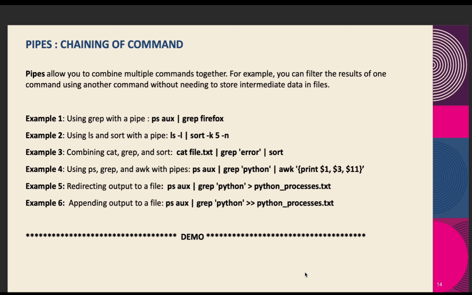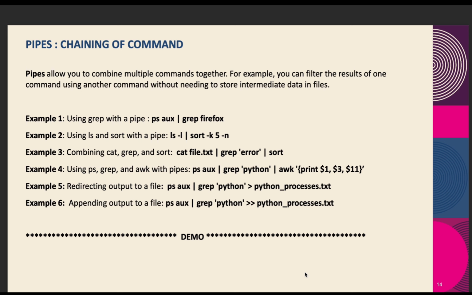The fourth example is using ps, grep, and awk with pipes. The first command, ps aux, will list all the processes. Now if we do a grep python, then it will filter the processes related to Python.